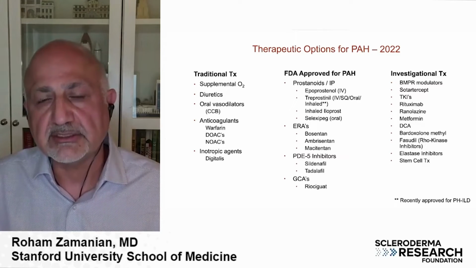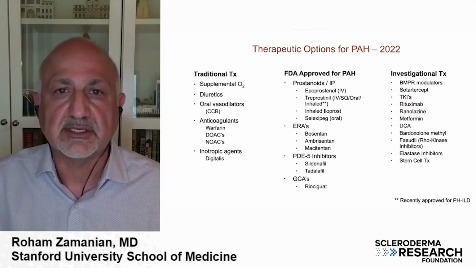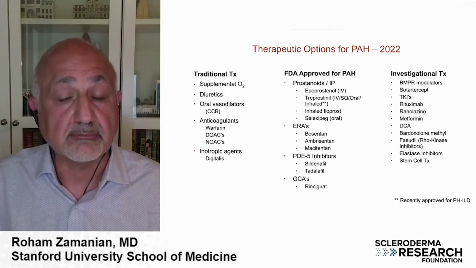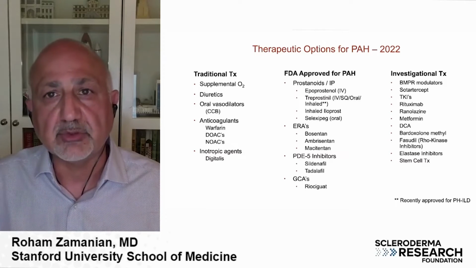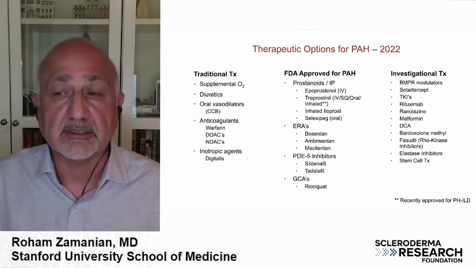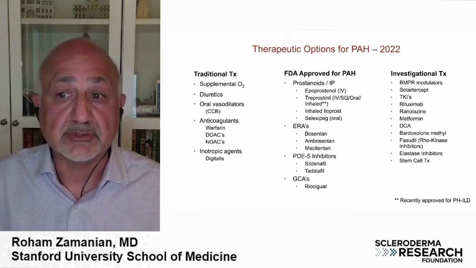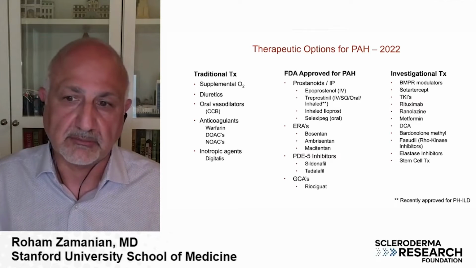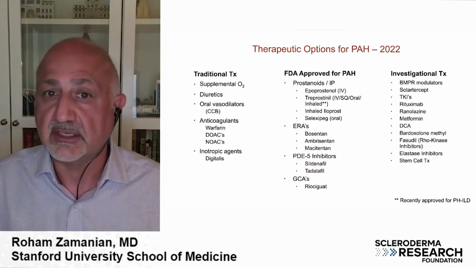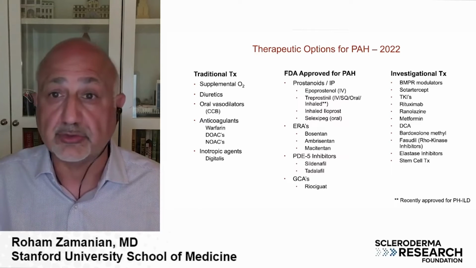One of the neat things about the recent investigations in PAH that could relate more to systemic sclerosis patients is the use of immune modulating therapies and those that have impact on metabolism and fibrosis that may be related to the mechanisms relevant to just all scleroderma.